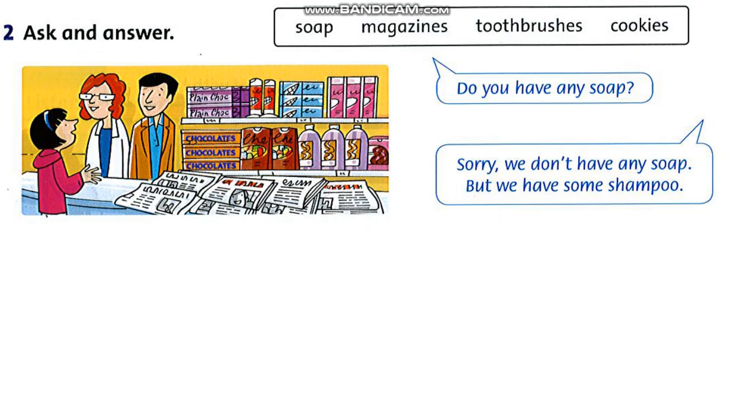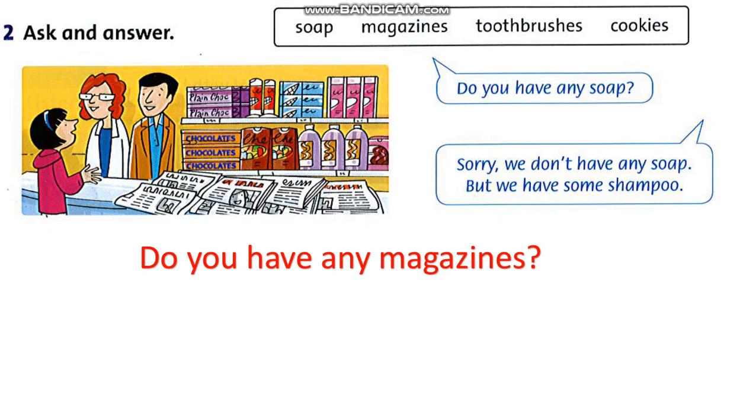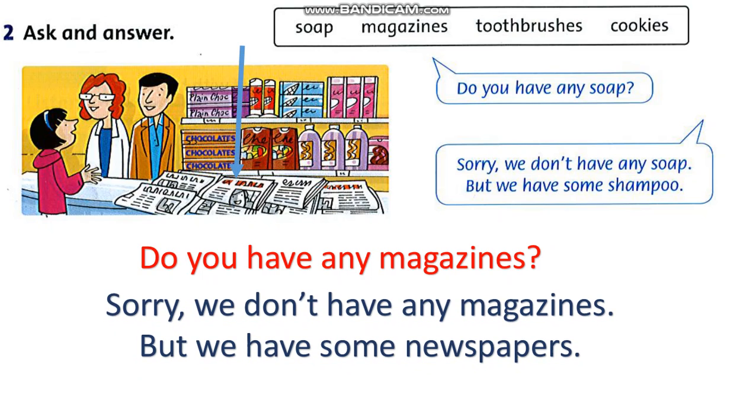Sorry, we don't have any soap, but we have some shampoo. You answer like this. Now, look at the magazine. Do you have any magazines? Can you see magazines? No. So we say, sorry, we don't have any magazines, but we have some newspapers.